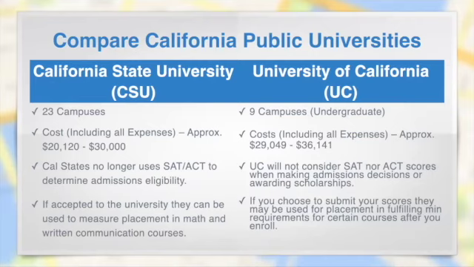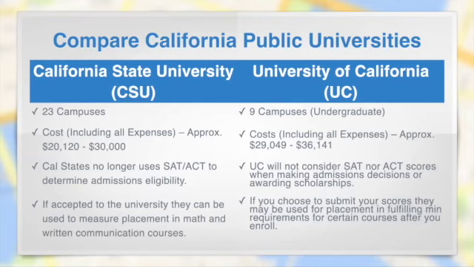UCs, the University of California system, have 9 undergraduate campuses. The cost is going to run you approximately, including all expenses, from $29,000 to about $36,000. Again, it can definitely go up significantly. I'm just saying that's definitely an approximation. UC will not, again, very new, consider SAT nor ACT scores when making admissions decisions or awarding scholarships.